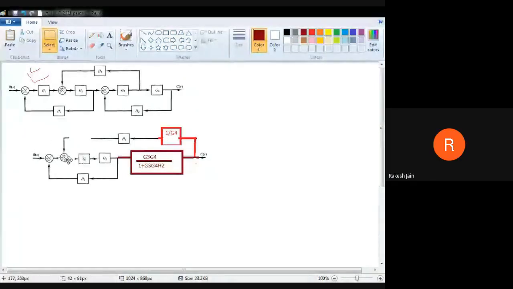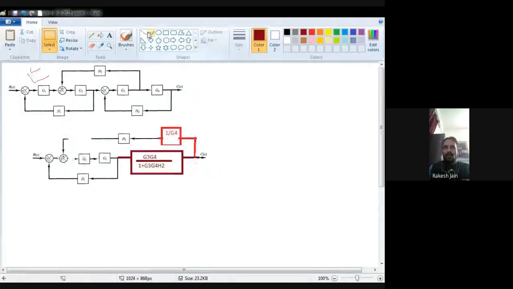So see, this is a summing junction. This is a summing junction. So we can move this summing junction before a block or after a block. Okay. So we can now move this summing junction before the block G1.